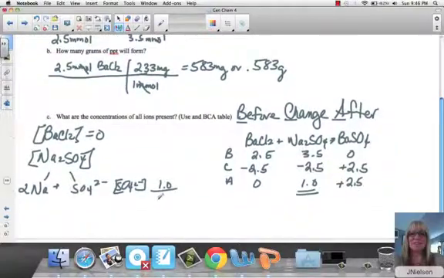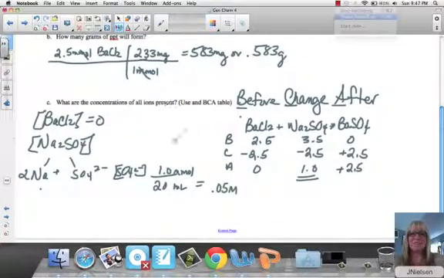So 1 divided by 20 milliliters, millimoles divided by milliliters, is going to give me 0.05 molar.